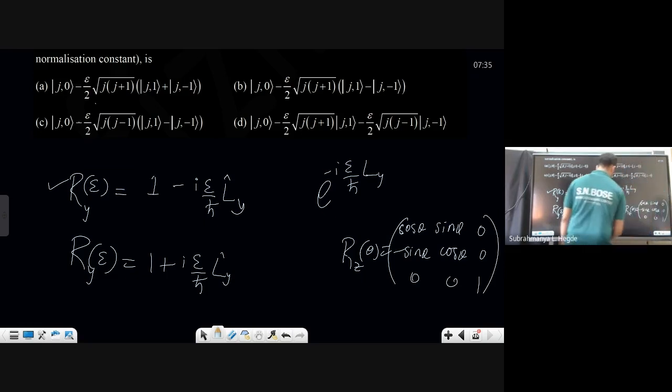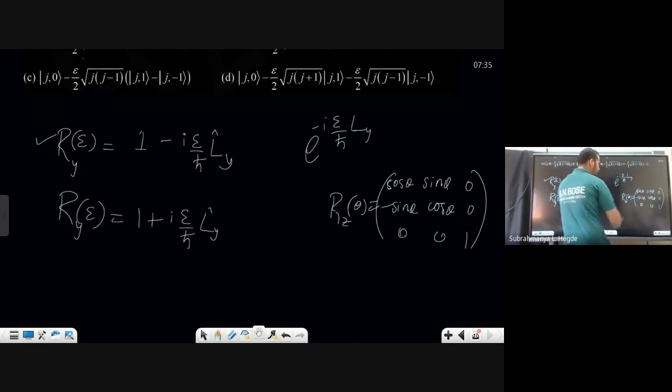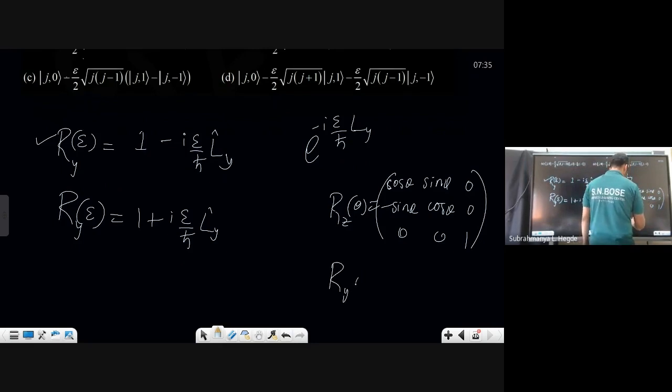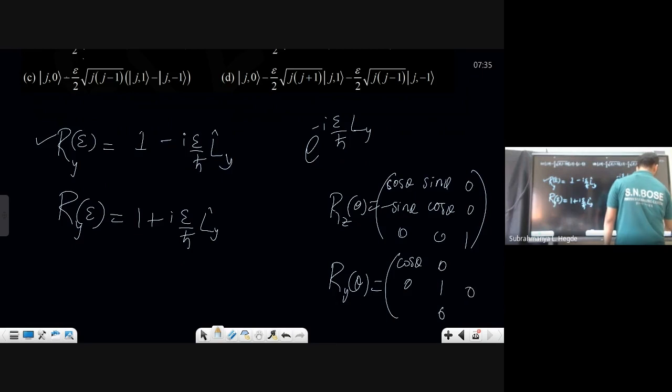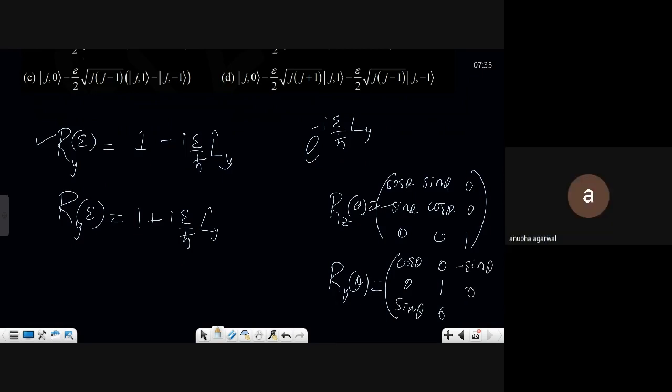But with the same convention, for Ry of theta this will interchange: cos theta, 0, minus sin theta, 0, 1, 0, sin theta, 0, cos theta.